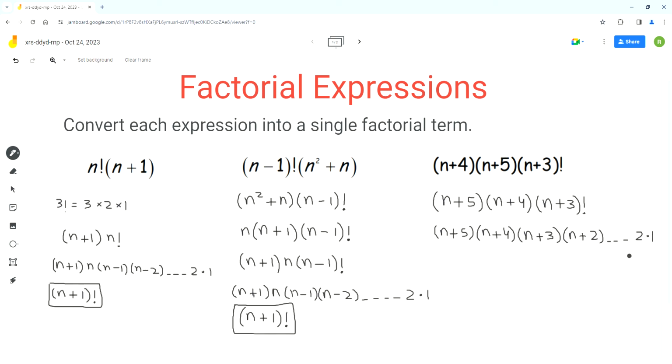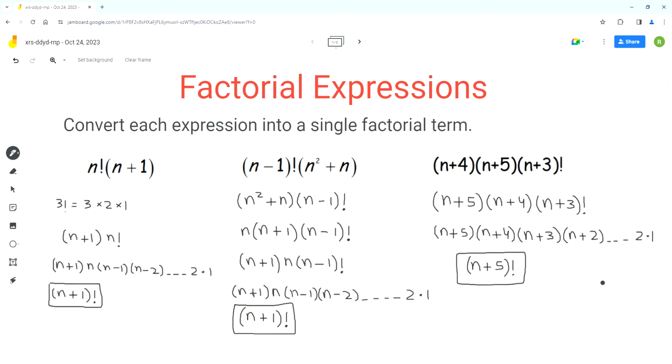So this multiplication statement represents the product of all positive integers from 1 all the way to n plus 5. So we can shrink this expression into a factorial expression as n plus 5 in the parentheses factorial.